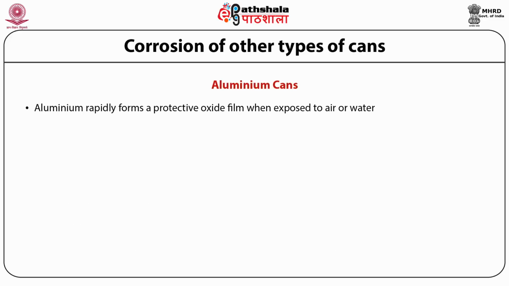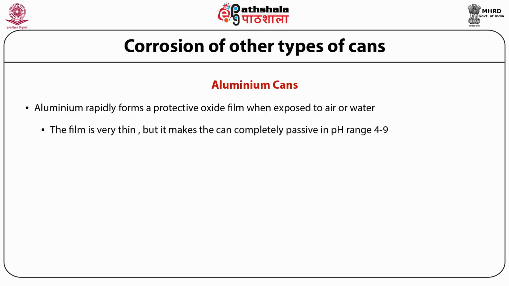Aluminum cans rapidly form a protective oxide film when exposed to air or water. The film is extremely thin, of about 10 nanometers thickness, but it renders the metal completely passive in the pH range from 4 to 9.